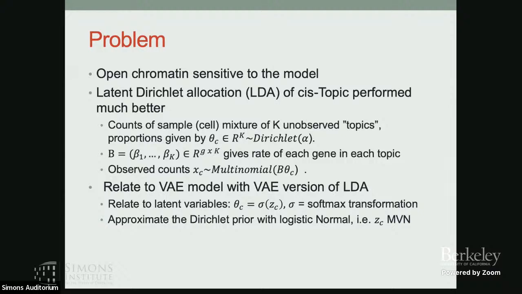When we have those Z's, we can transform them into proportions using a standard softmax transformation. Then instead of using a Dirichlet prior, instead of thinking about the prior of the thetas, we model the prior of the Z's. Our VAE, being a variational autoencoder, then approximates the prior distribution of the Z's with a multivariate normal.